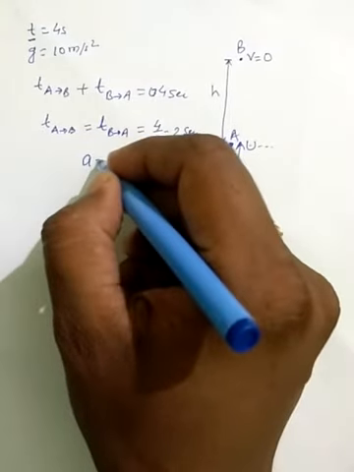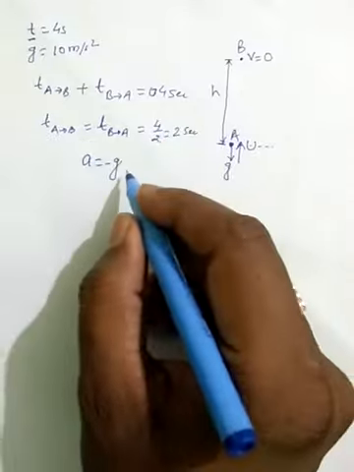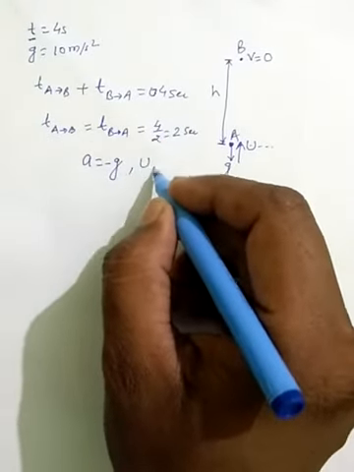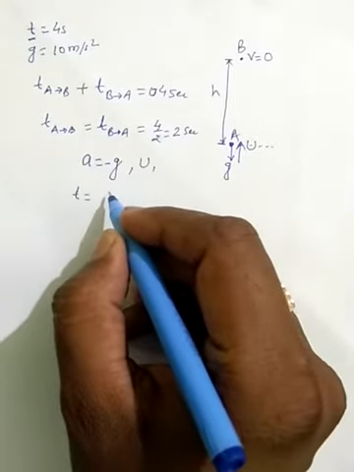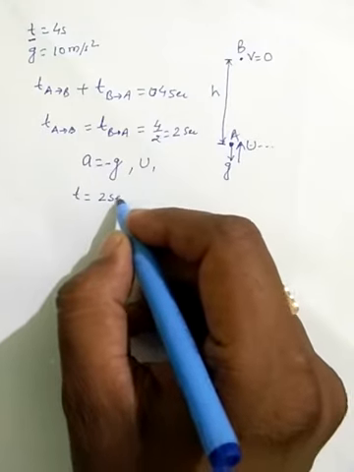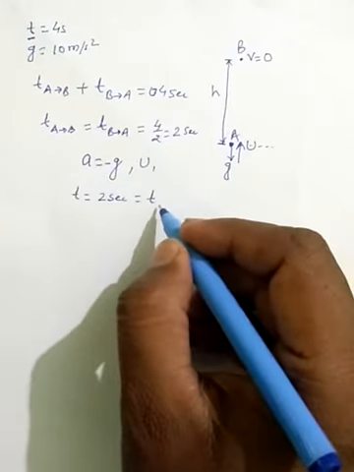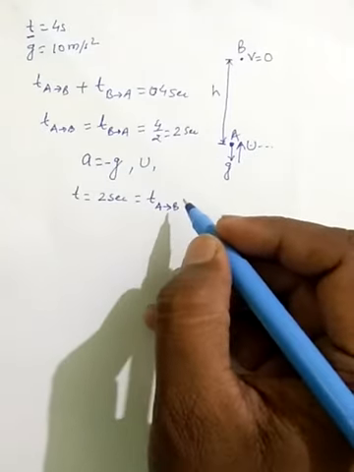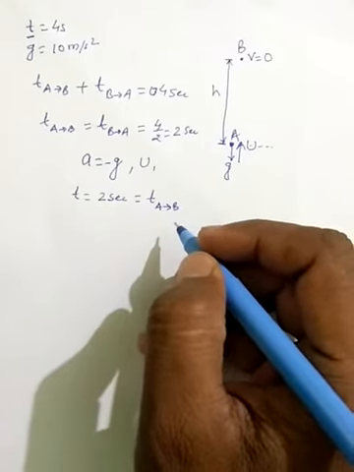Therefore, here acceleration is taken as minus g, the initial velocity is u and t is 2 seconds, the time required for the motion of the stone from A to B.